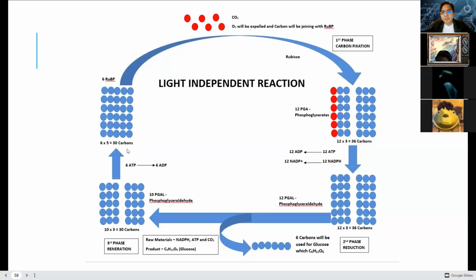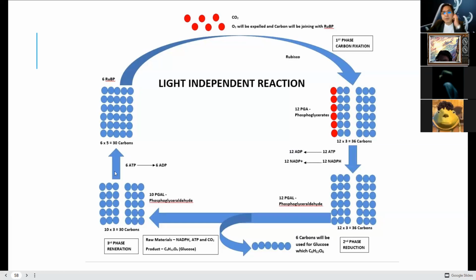Remember the 30 carbons? Your 10 PGALs or phosphoglyceraldehyde have 30 carbons, and your RUBP is a 5 carbon molecule. So in order for us to create 6 RUBP, it needs to have 30 carbons. 6 times 5 is 30.